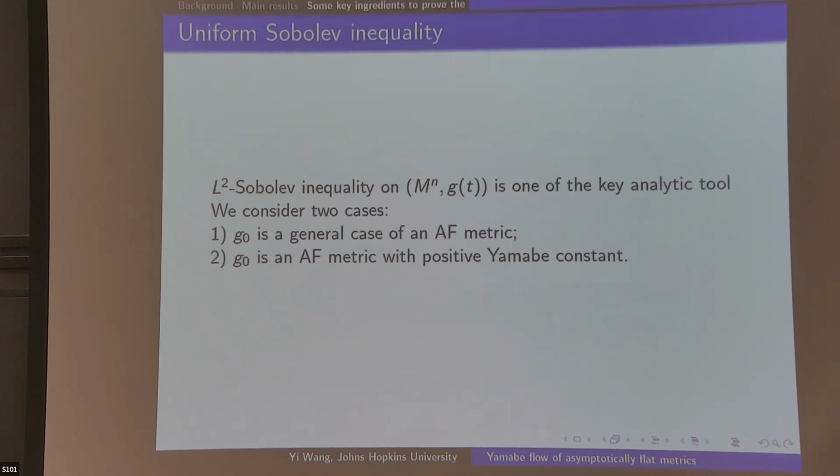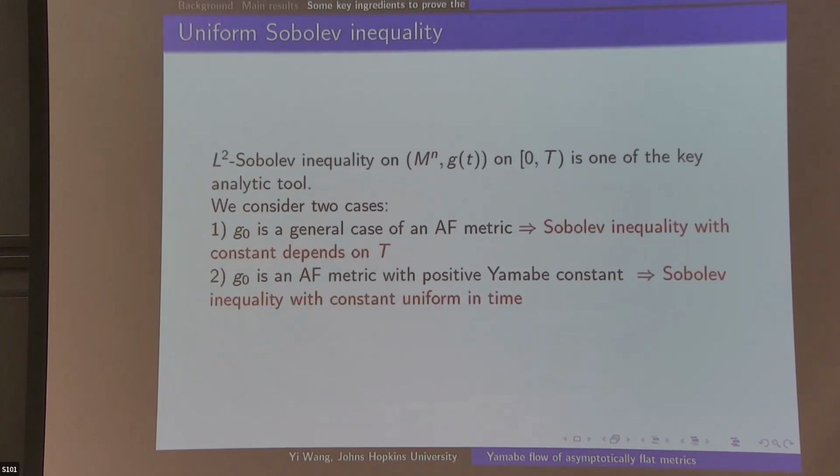Okay, so let me just be very brief about what techniques we have used. Basically, we use three major things. One is that we use the L2 Sobolev inequality, and in the general asymptotically flat case and the asymptotically flat case with positive Yamabe, their behaviors are different.